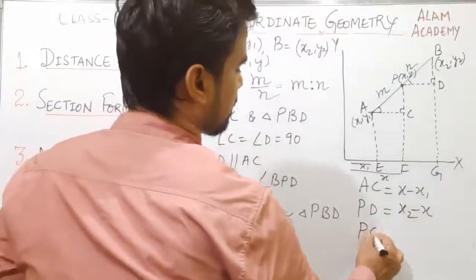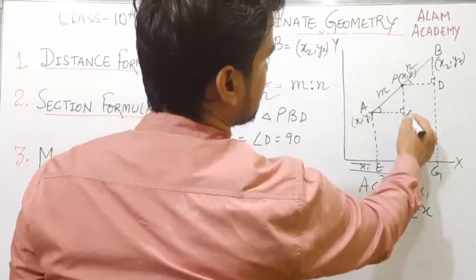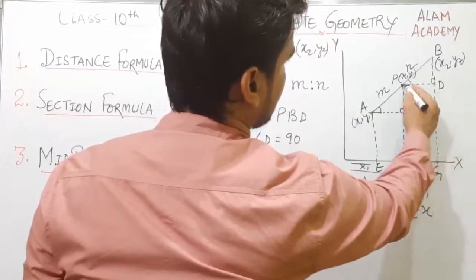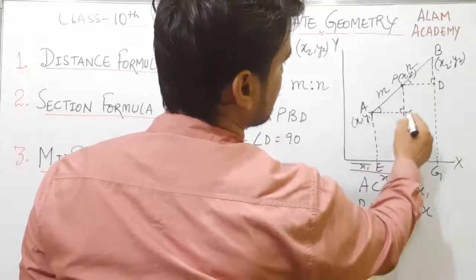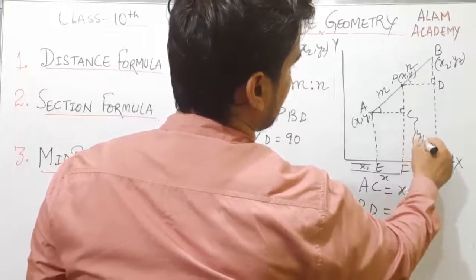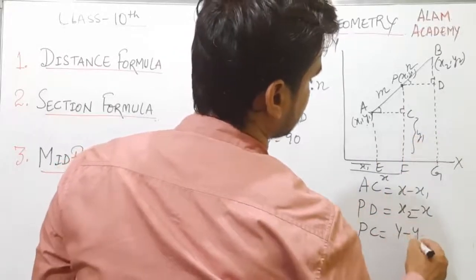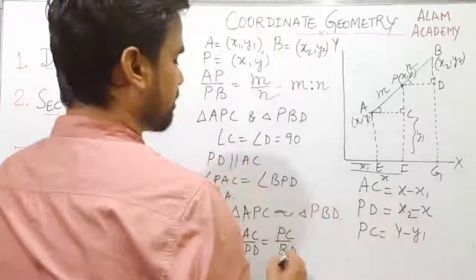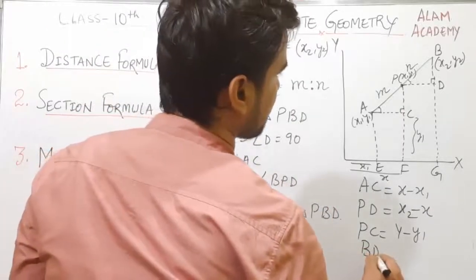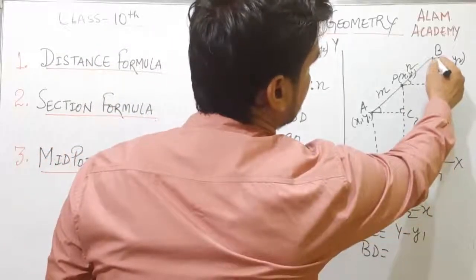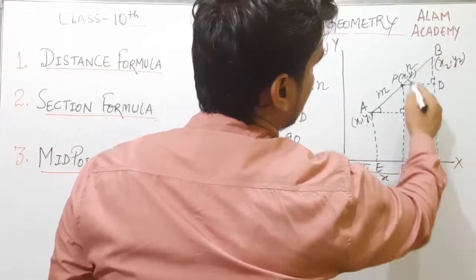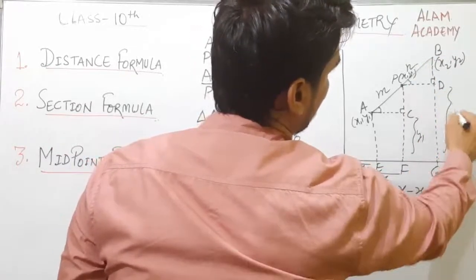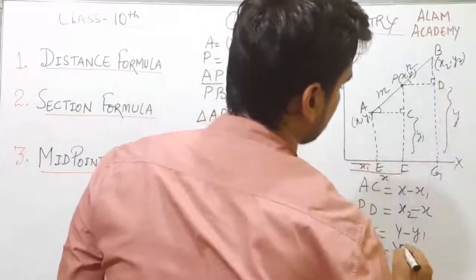PC will be equal to y minus y1. And BD will be equal to the total value y2 minus y, so y2 minus y.